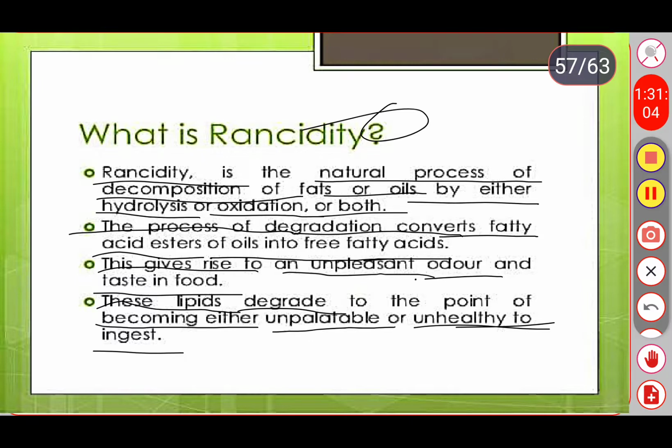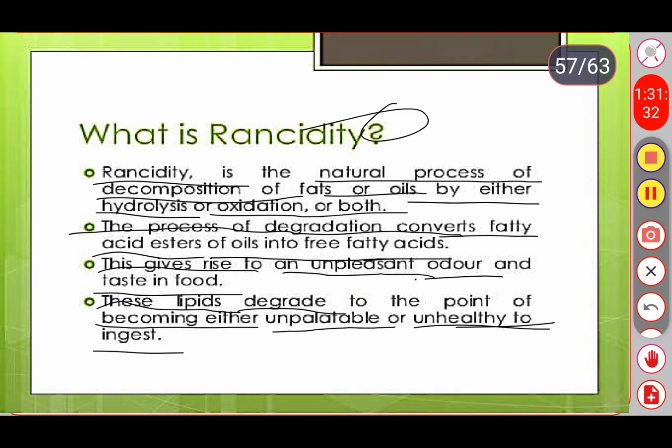These are volatile in nature and release a foul smell, so this is known as rancidity. So rancidity is a slow oxidation of oils and fats present in food materials, resulting in a bad smell on the compounds.